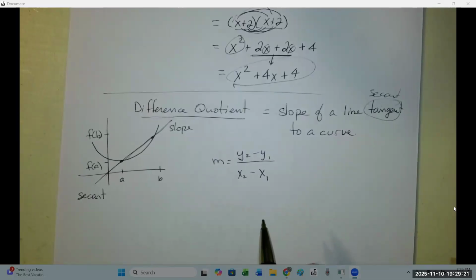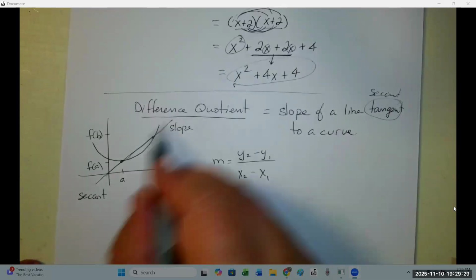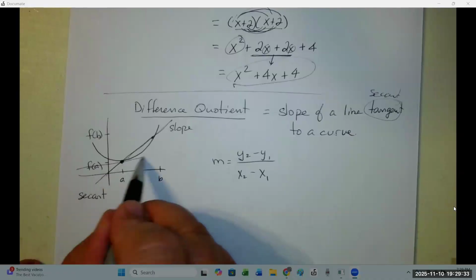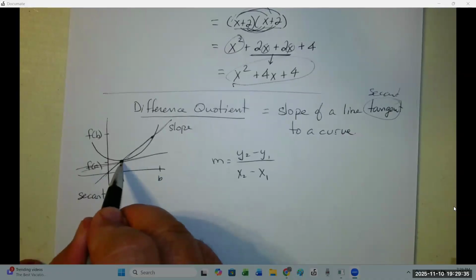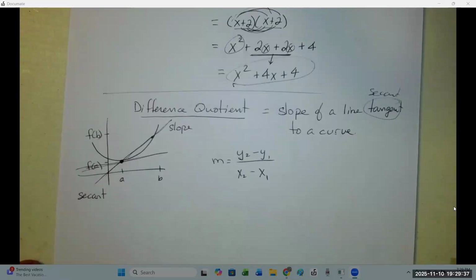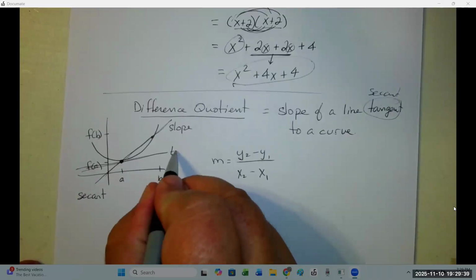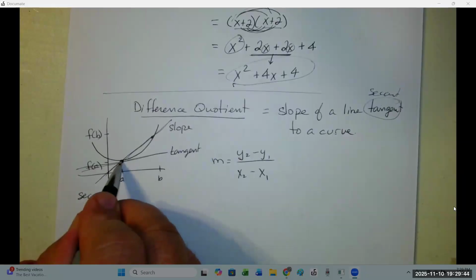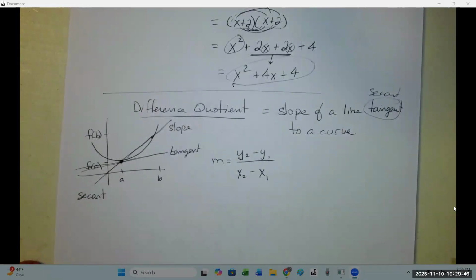So what we have to look at here now is what we're going to do. This is the secant line. What we want to know is the slope of that line at that point there. That's called the tangent line. The tangent only touches the curve at one point.